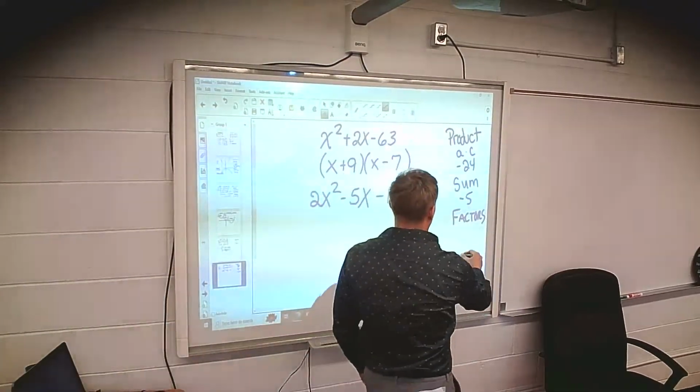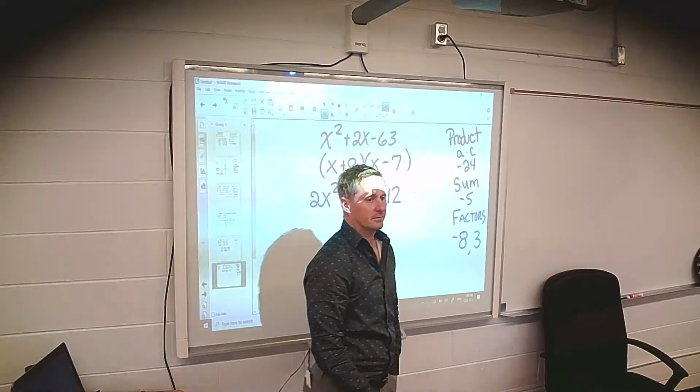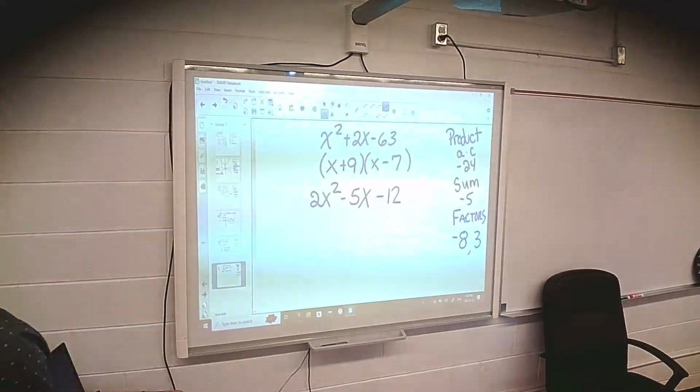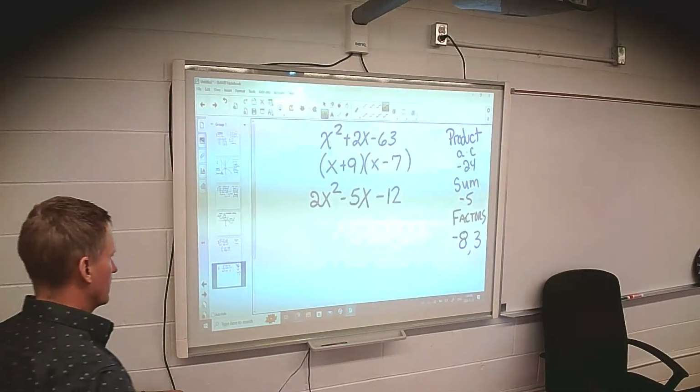Isla says negative 8 and plus 3. Okay. Now I use those factors and place them in the equation where the middle term is. So I replace the middle term minus 5x with minus 8x and 3x.